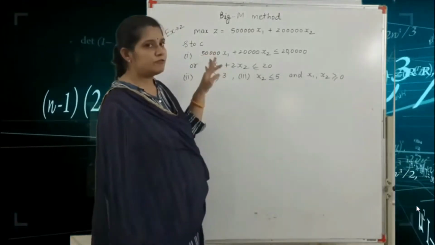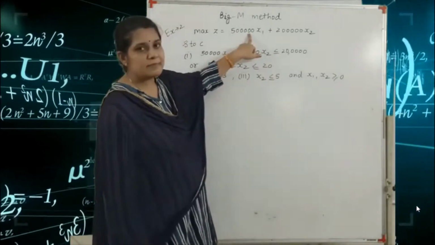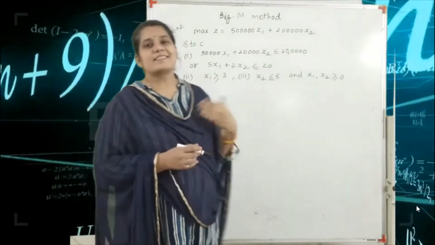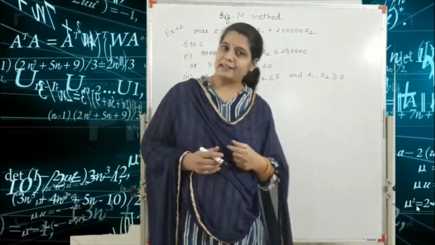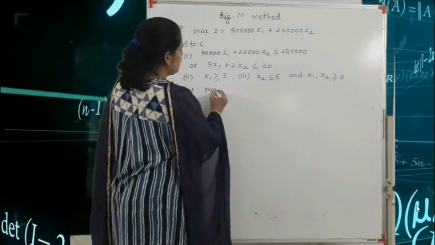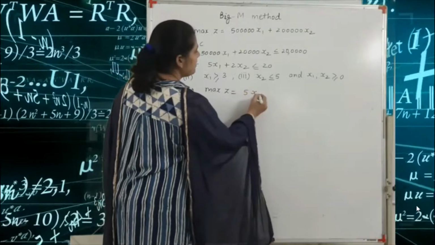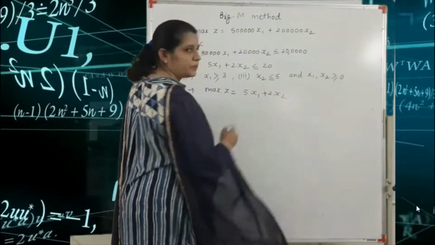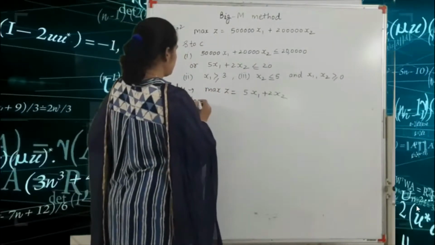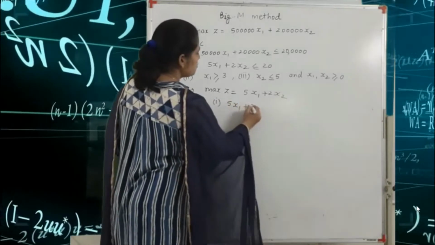Let's start introducing the variables. The solution is, first we write: maximize Z is equal to 5x1 plus 2x2, subject to the constraints, the first equation is 5x1 plus 2x2.